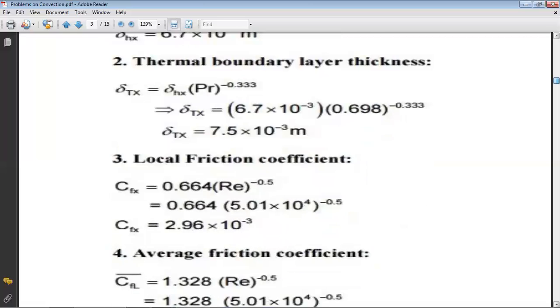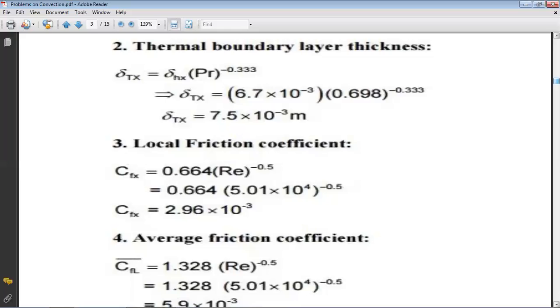Next is local friction coefficient. Again, that is given on page number 113 of the 8th edition. That is given by Cfx equals 0.664 into Re to the power minus 0.5.